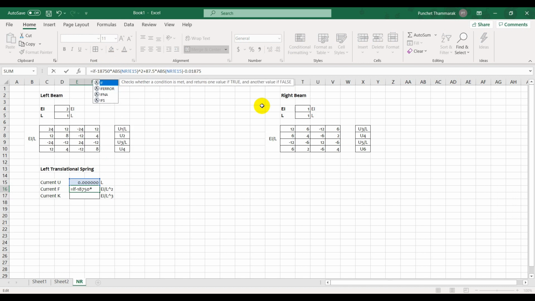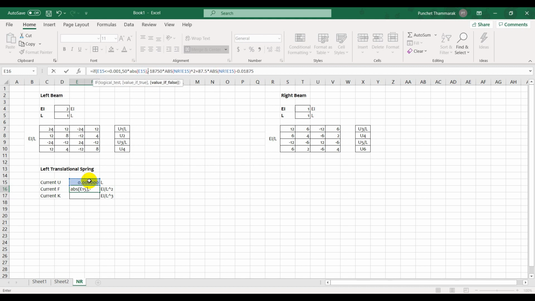If the displacement U is less than or equal to that displacement, 0.001, then the force will be evaluated by 50 multiplied by the absolute value of this.